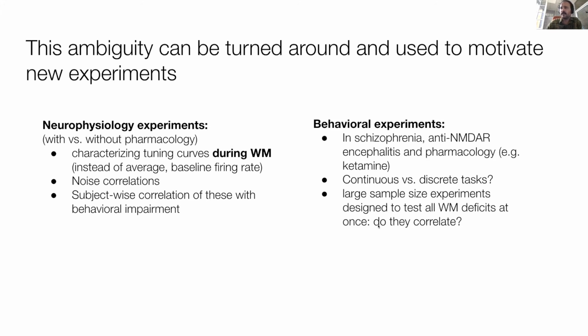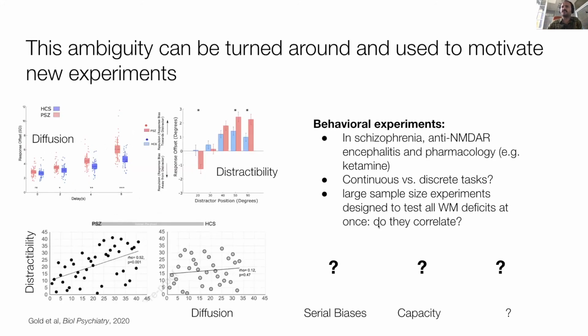And then I want to mention this paper that Heike already mentioned, where they were able to find this in a very large data set of schizophrenic patients, but it would be nice to see the same with ketamine. They had a task where they could study diffusion and distractibility.